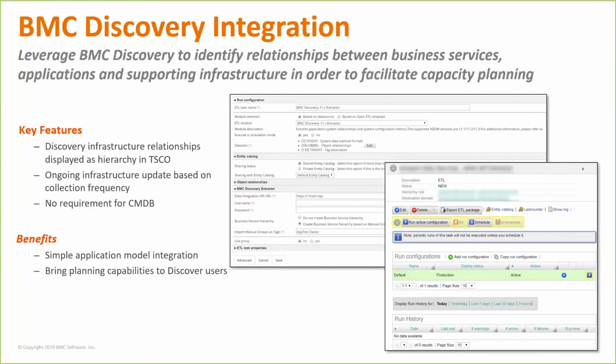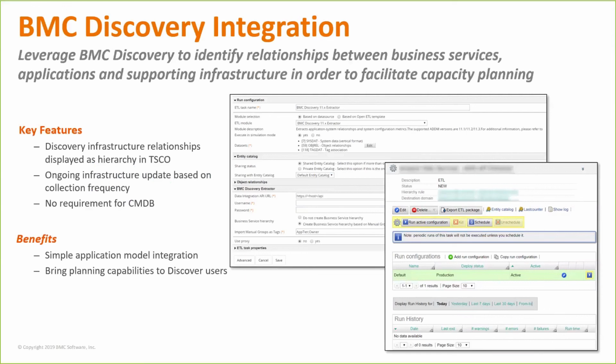We've had the ability for a long time now to do CMDB level integration with our own CMDB, but we've had multiple different customers that are using our more modern BMC Helix discovery, which doesn't necessarily need a CMDB in the middle between discovery and our current capacity product.